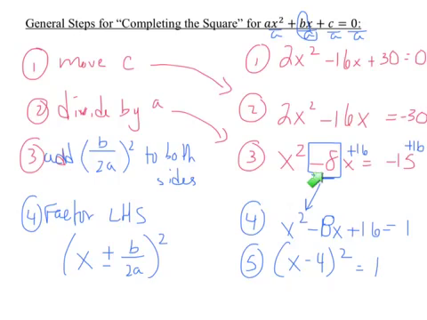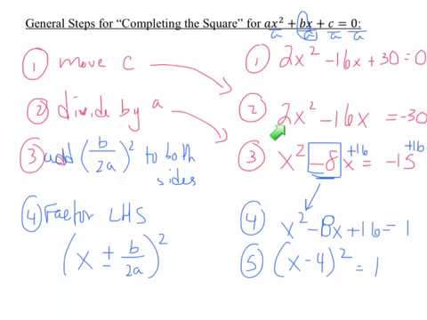You took half of this to get negative 4, and then you squared it to get 16. Well, that step that you took to get half of this, that always appears right here. So half of this being negative 4 is always going to appear here. If this number were a number like, I don't know, say 9, half of 9 is going to be 4.5. This would have been 4.5. It will always work out that way. This will always be half of this, assuming that you got rid of the a value in the front first.